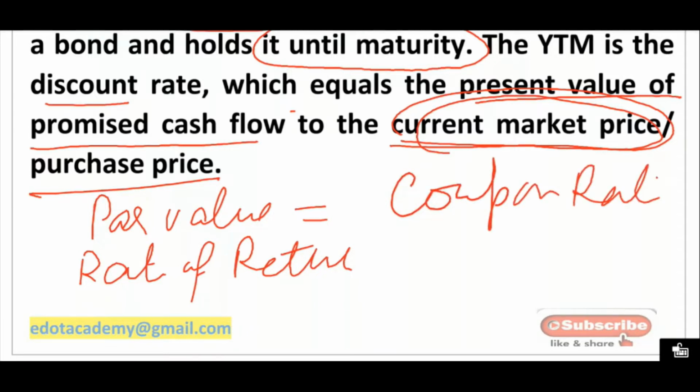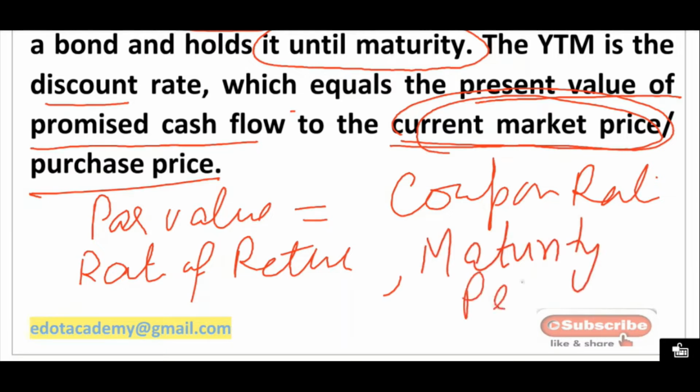So these things are important. One more fourth thing is also coming, maturity period. Maturity period is important in case of your YTM because yield to maturity comes into play when maturity has to be there. So par value is always given in the bond only.